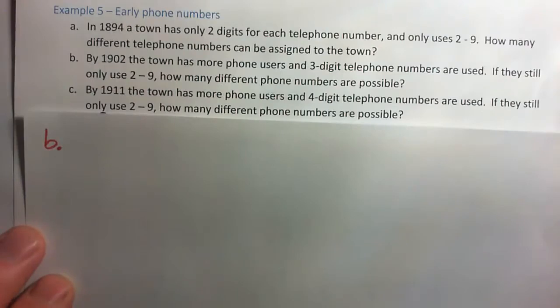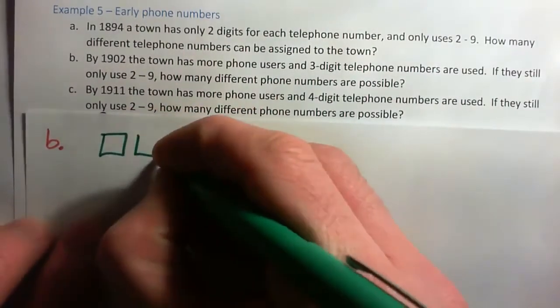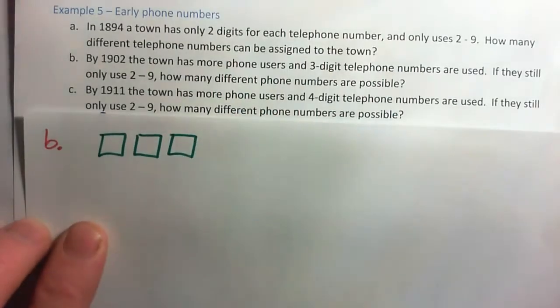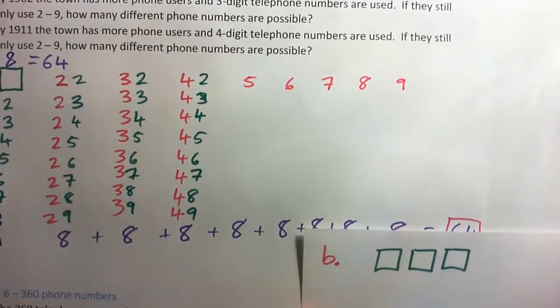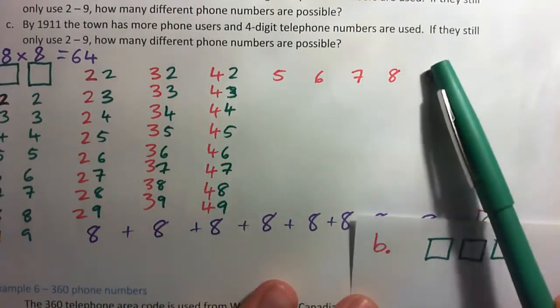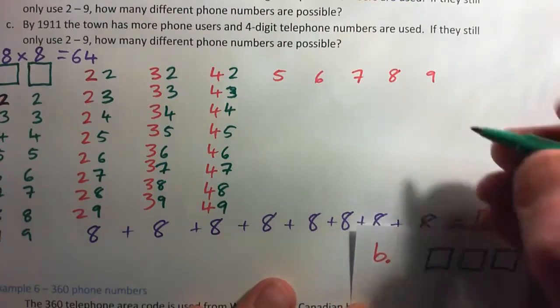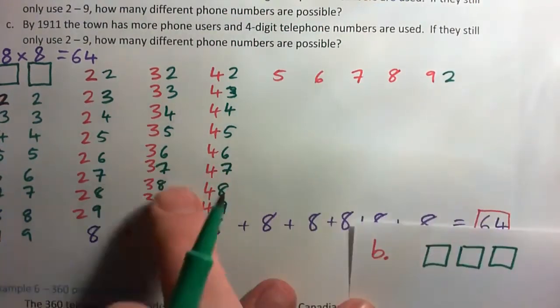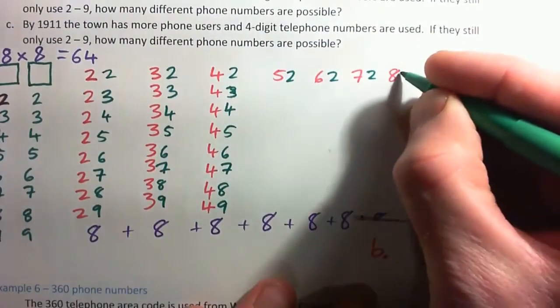Okay, so this time you've got 3 digits. And what I want you to think about is, we almost listed all 64 of the possible phone numbers, like 22 or 47 or whatever. It could be 92 or whatever. So we almost listed, 52, 62, 72, 82, right?